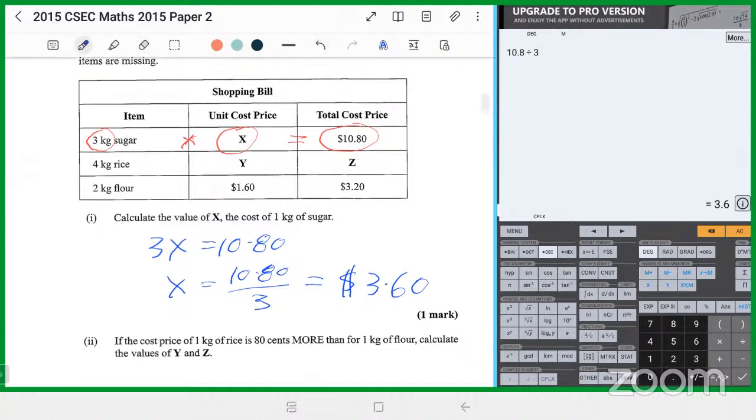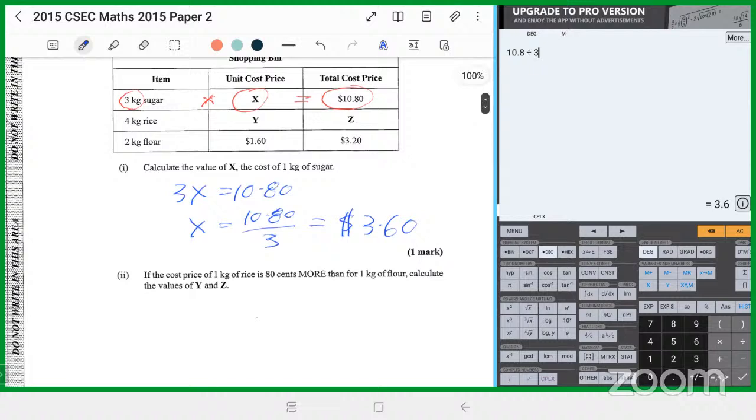Next part says, if the cost price of 1 kilogram of rice is 80 cents more than 1 kilogram of flour, all right, so the rice is 80 cents more than the flour. This is the cost for the flour right here, and this is 80 cents more than this. It says calculate the value of y and z.